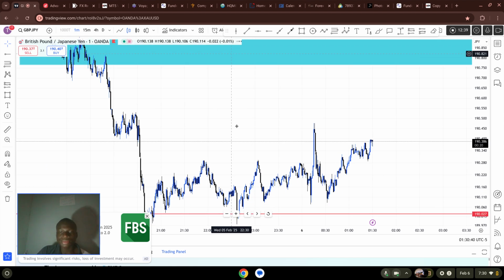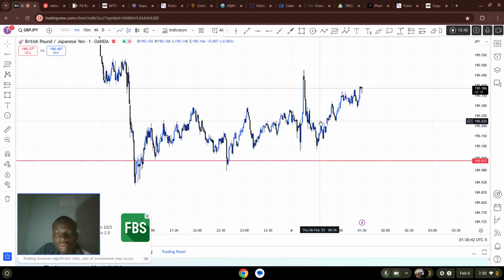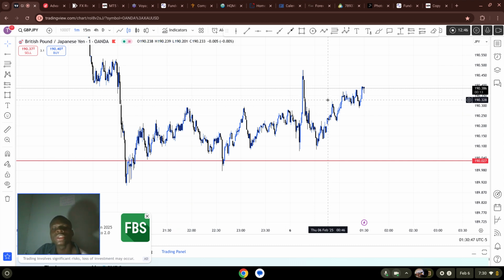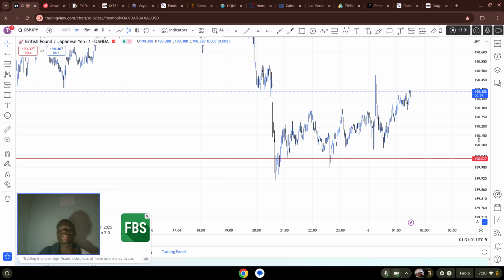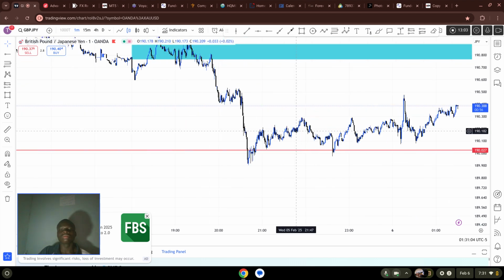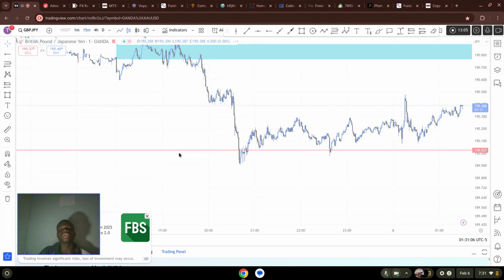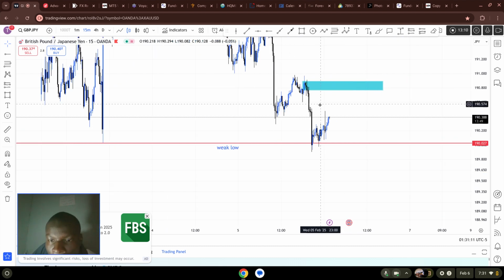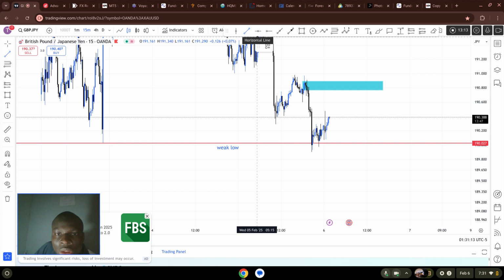Go to that point. So liquidity generated. So that's for the 5-minute time frame, where the market has already generated some liquidity.